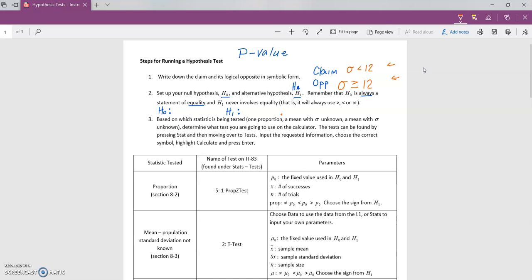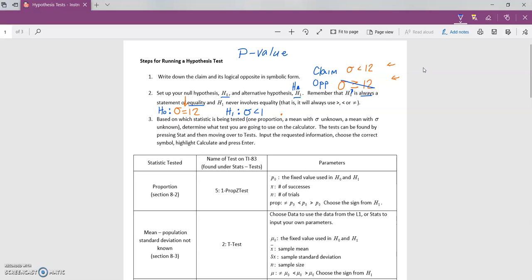Our null hypothesis always uses equals, every time, no matter what. The alternative hypothesis is either going to be the claim or the opposite claim, whichever one does not have the equals. This one, the opposite claim, has an or equal to right there, so our alternative can't be the opposite claim. So it must be the original claim.